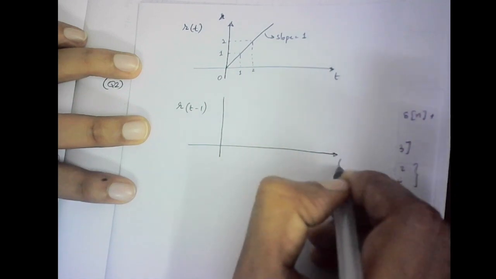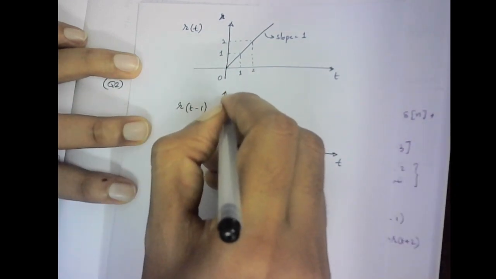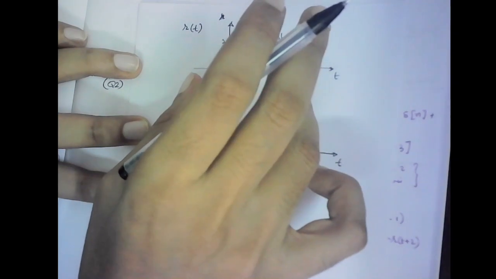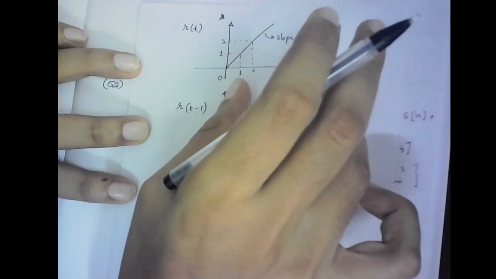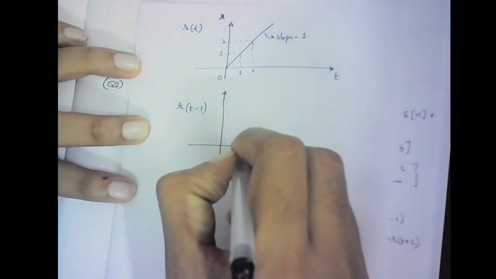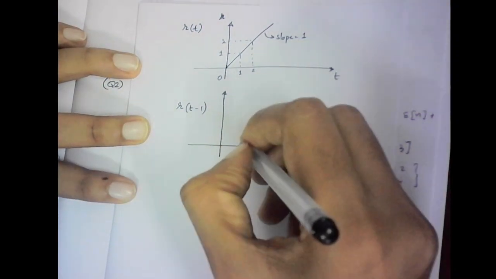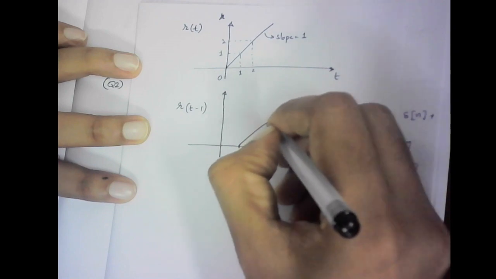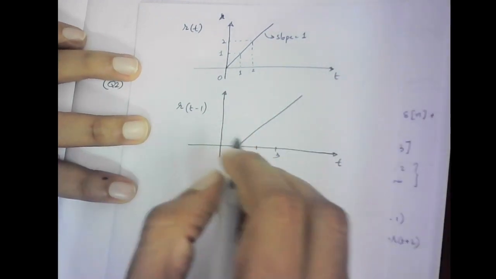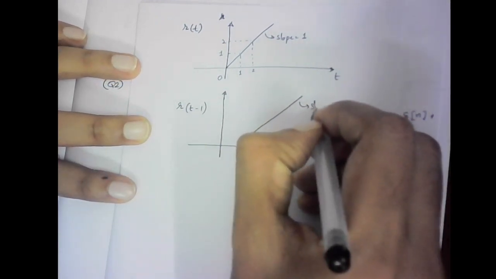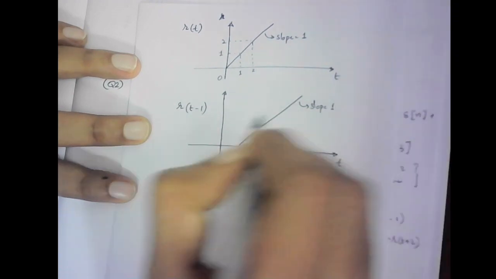So this is t. Delayed means you are shifting the signal by 1 second, right? So it starts at 1, 2, 3 and so on. So I am shifting that particular signal to the right. So here also the slope is 1.